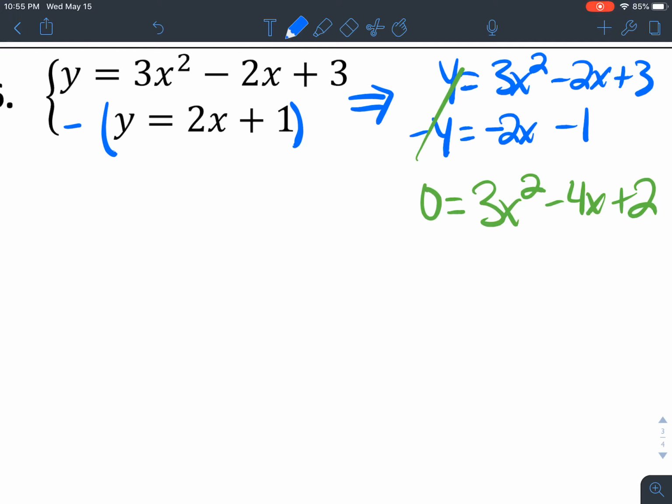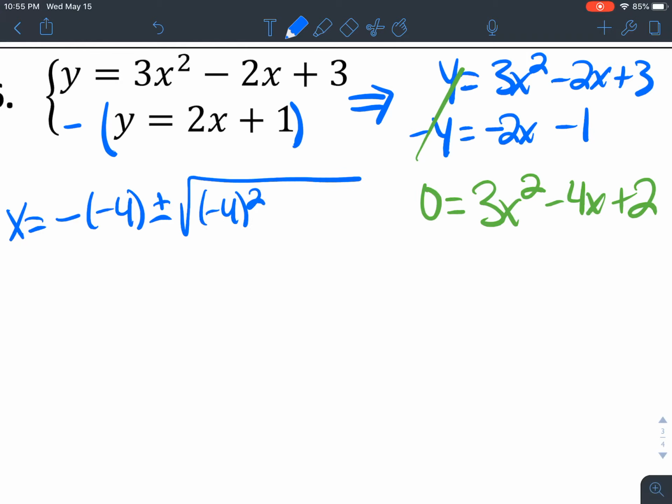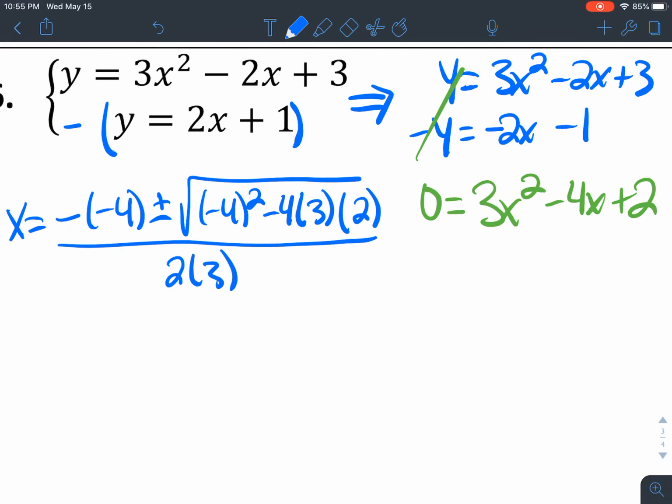So if I'm doing quadratic formula on this, x equals negative b, so in this case negative 4, plus or minus the square root of b squared minus 4 times a times c. Sorry, that was a positive 2. Supposed to be a positive 2. All over 2a.